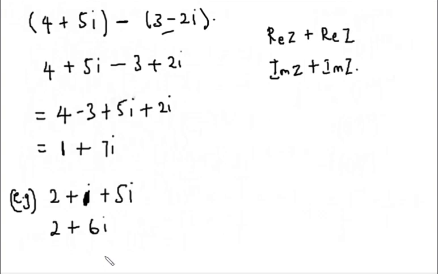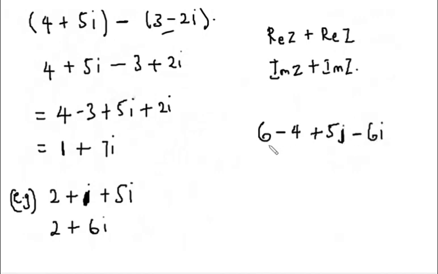Okay, so say we have something like 6 minus 4 plus 5i minus 6i.